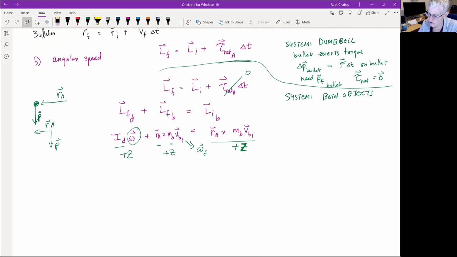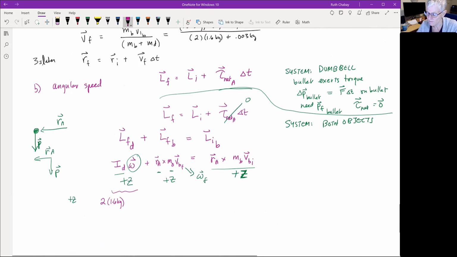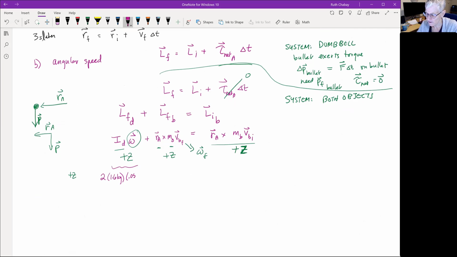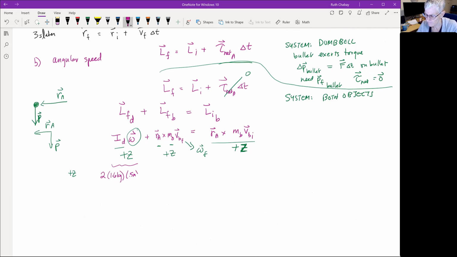So in the plus Z direction, we have the moment of inertia of the dumbbell, which is 2 times 1.6 kilograms times the distance to the center squared, so 0.05 meters squared, times omega final.